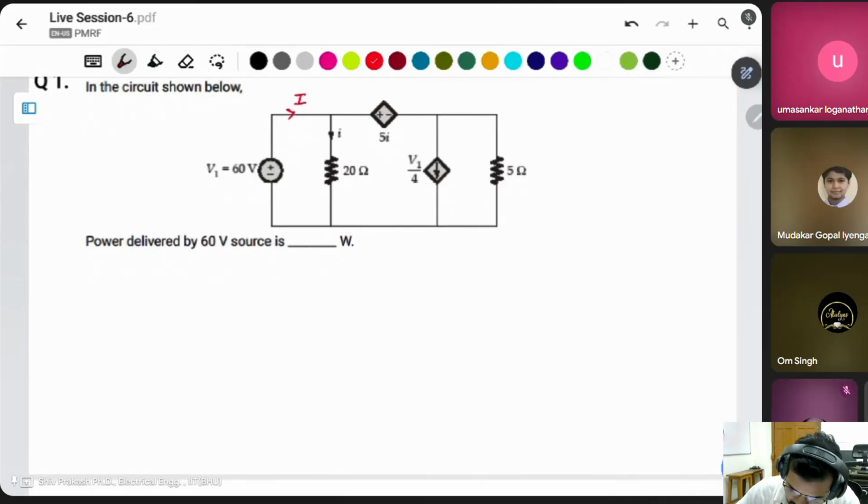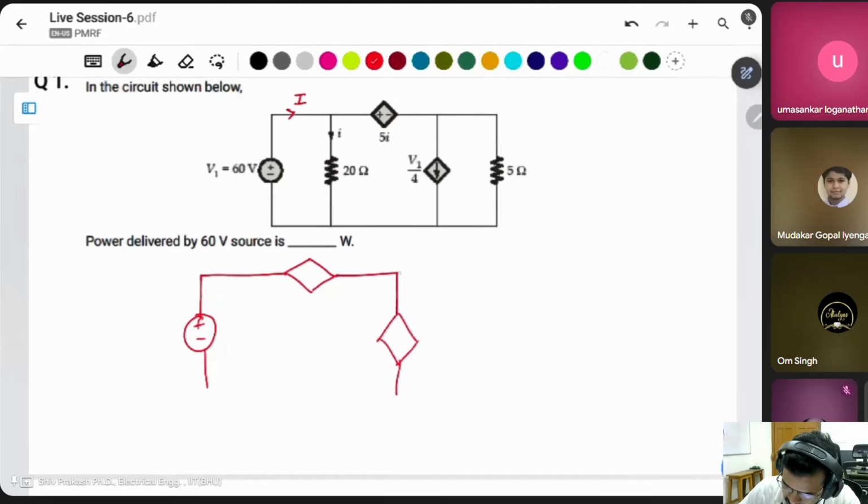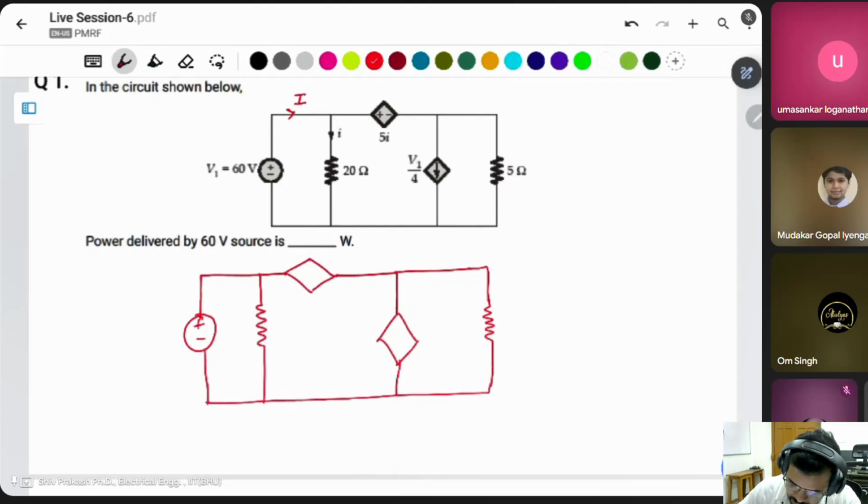I draw the same circuit clearly. You can see, this one is V1 equal to 60 volt.